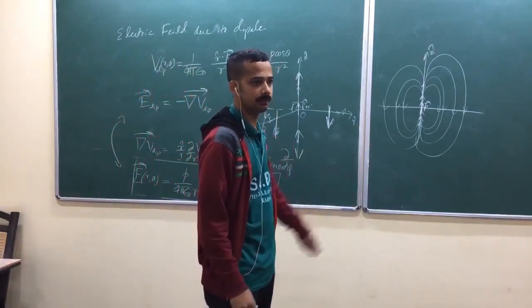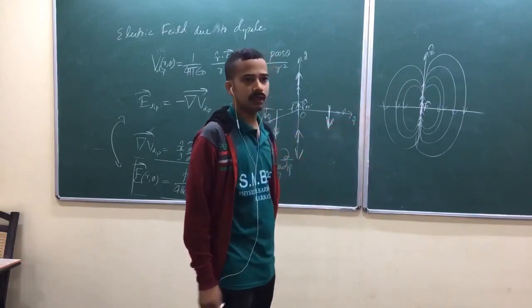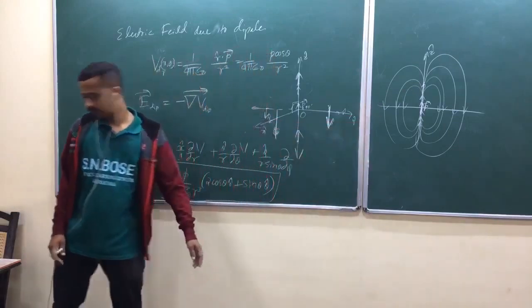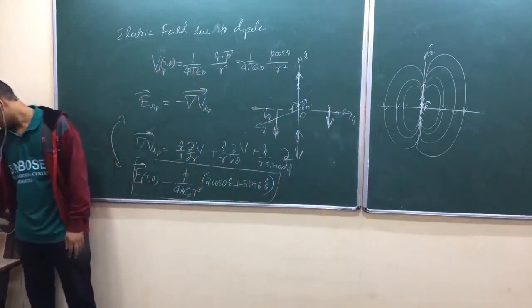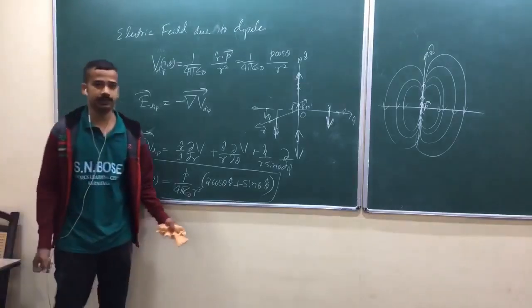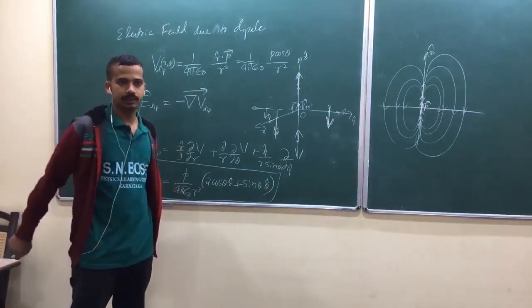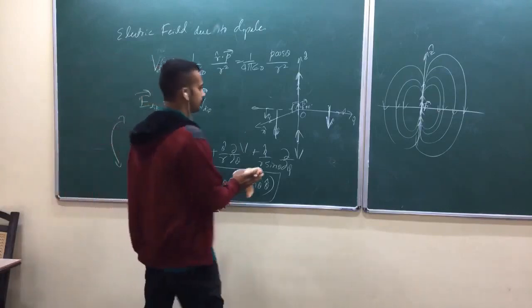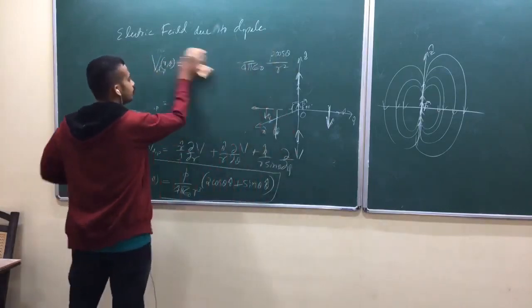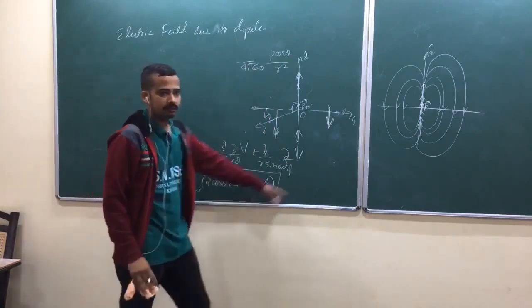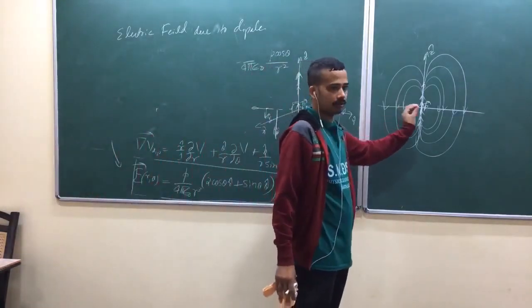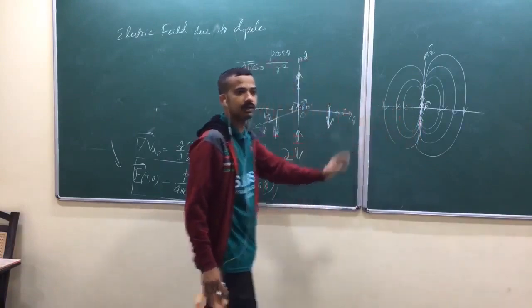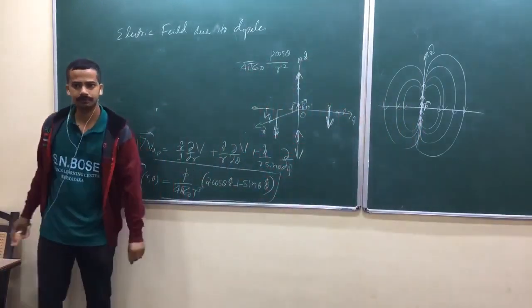If it is a point dipole, you can draw the field like that. If you have written physical dipole, it means there will be some finite separation between positive and negative charge. Am I right? That is a physical dipole, the actual one. This is the field due to pure dipole. Now, while writing pure dipole, you should not show positive and negative charge. You have to show only the P vector.